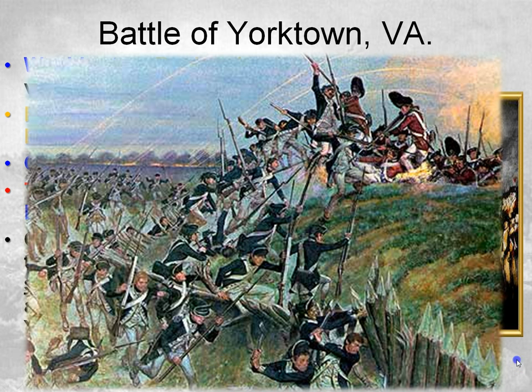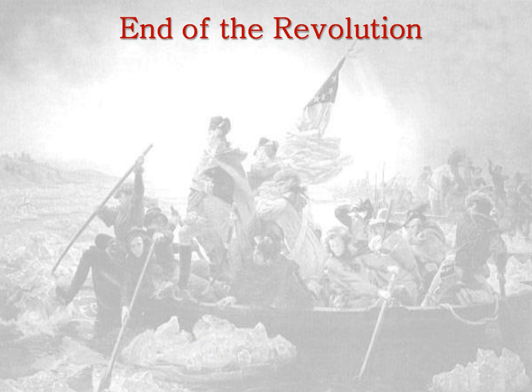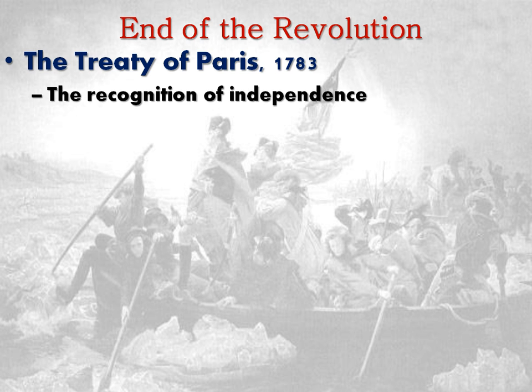But anyway, with the invasion came the final surrender, and in October of 1781, Lord Cornwallis surrenders, for the most part ending the revolution. But you guys know that all wars don't end until there's a treaty signed, and the Treaty of Paris in 1783 ensured that, and the recognition of independence was guaranteed.